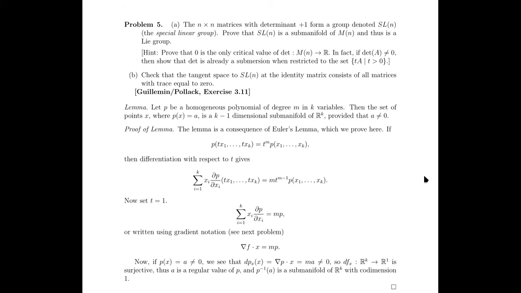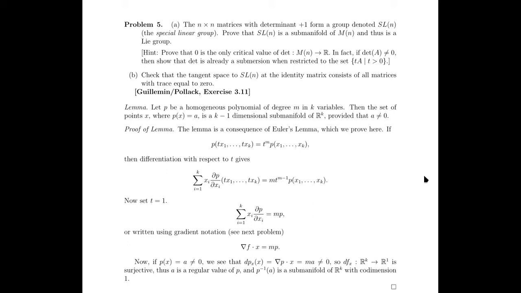So we have to prove that the n by n matrices with determinant positive one form a group, which is the special linear group. And you have to prove that this is actually a submanifold of the n by n matrices, which form a manifold, and thus it's actually a Lie group.